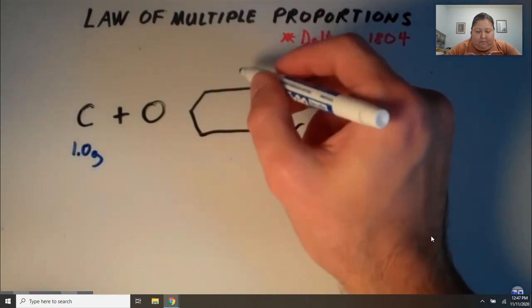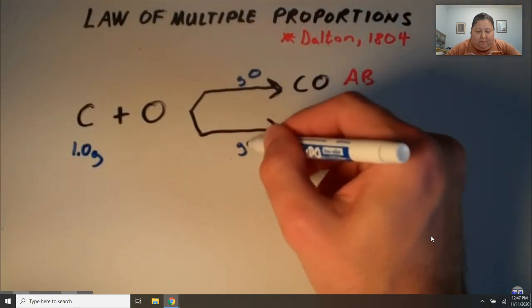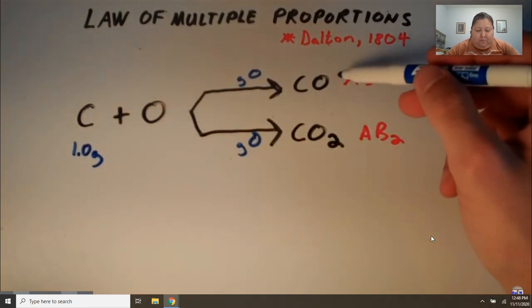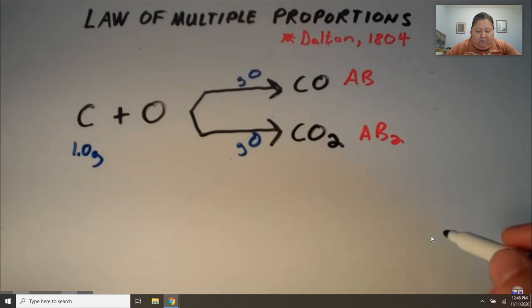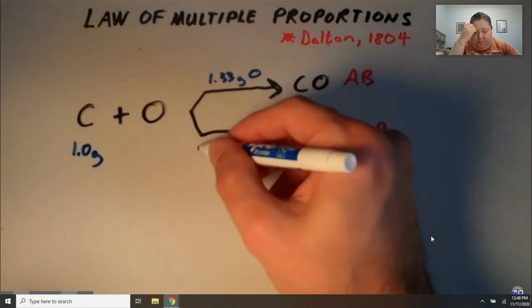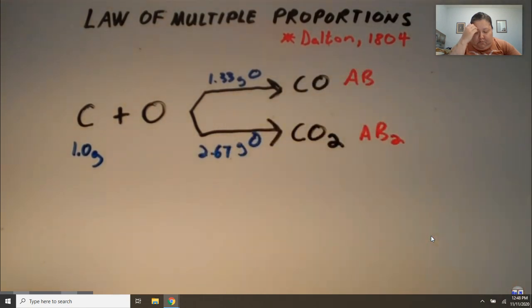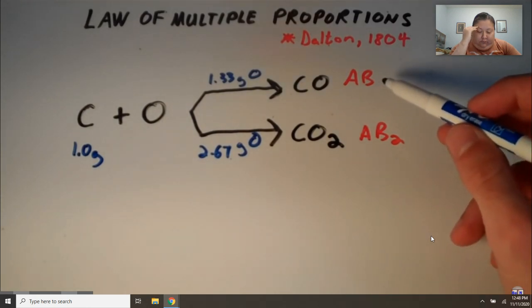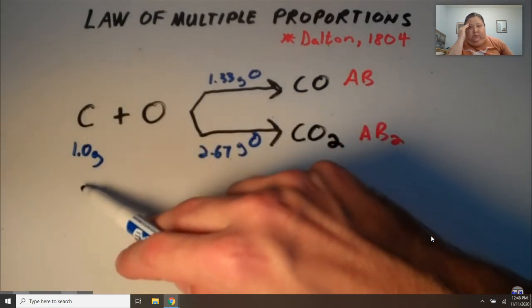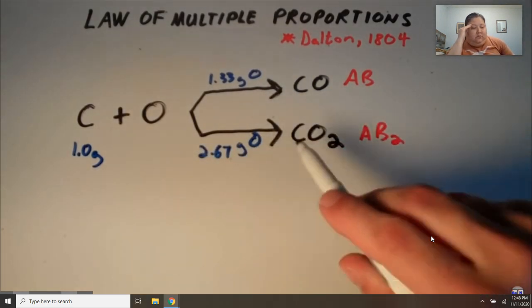It turns out that the masses of oxygen that have to combine with 1 gram of carbon to form carbon monoxide and carbon dioxide are 1.33 grams and 2.67 grams, respectively. So if I have 1 gram of carbon, I need 1.33 grams of oxygen to get carbon monoxide, CO. And if I have 1 gram of carbon, I'm going to need 2.67 grams of oxygen to get CO2.